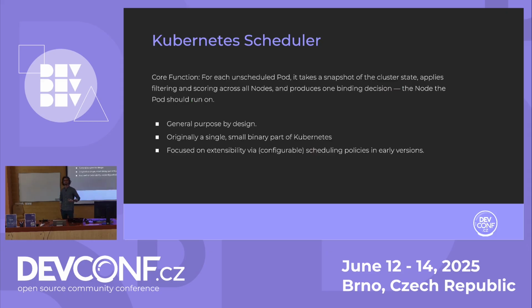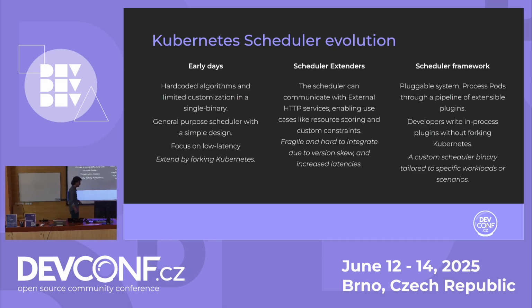However, cluster administrators who manage Kubernetes clusters might need to rely on different strategies based on the scenarios that they are implementing in the clusters, and over time the scheduler evolved. Initially, the community introduced the scheduler extenders, which essentially allowed the scheduler to communicate with an external HTTP service to get informed about what constraints you want to apply to the placement of a pod in a cluster.